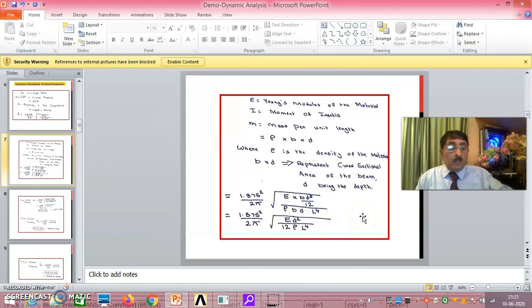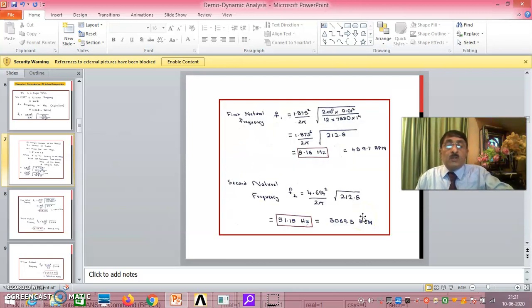Substituting 2.068 into 10 to the power of 11, 0.01 squared, 12, the density 7,830, and length 1 meter to the power of 4, you get the first natural frequency as 8.16 hertz.